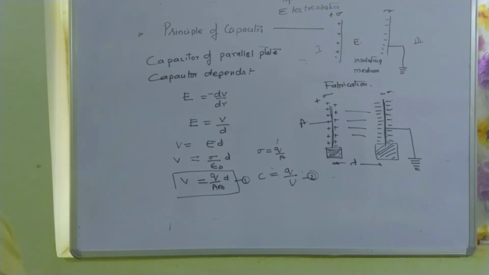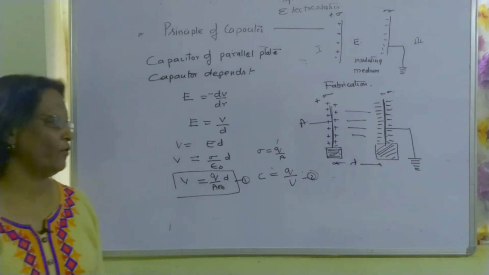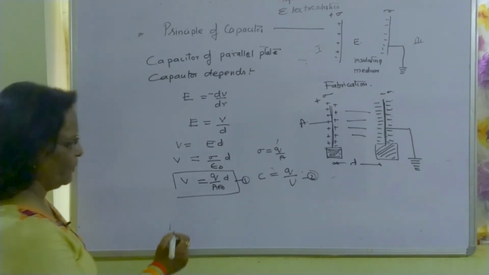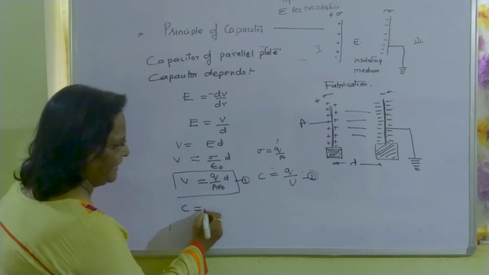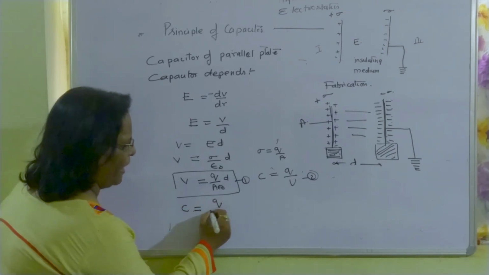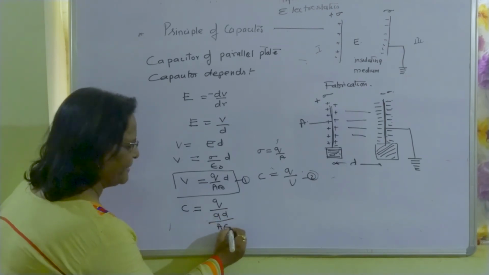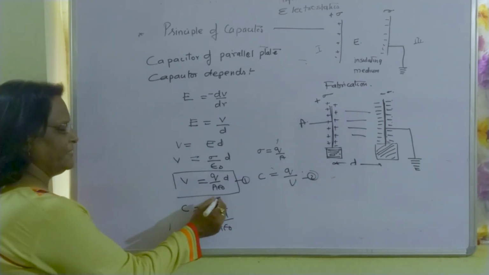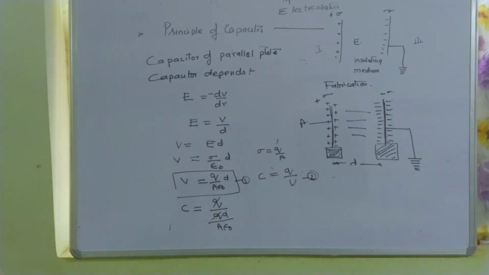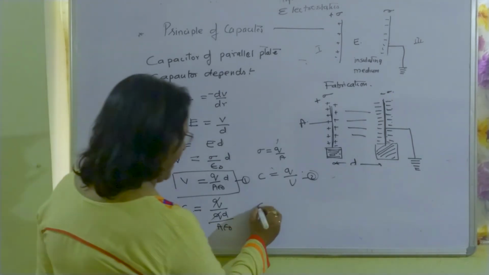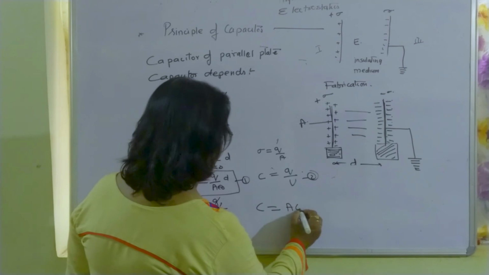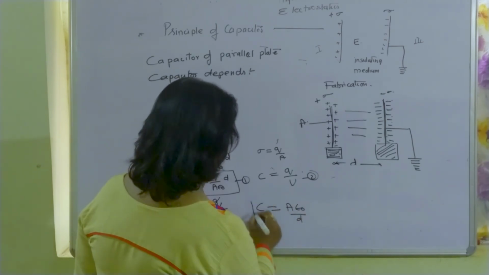We substitute the value of V from equation 1 into equation 2, and we get C equals Q upon Q D upon A epsilon 0. Here Q and Q get cancelled, and the capacitance equals A epsilon 0 upon D.